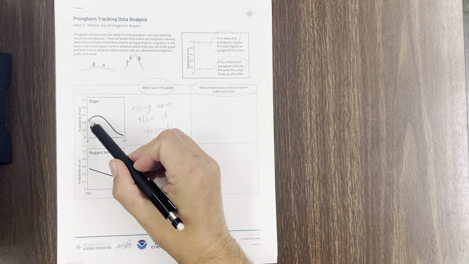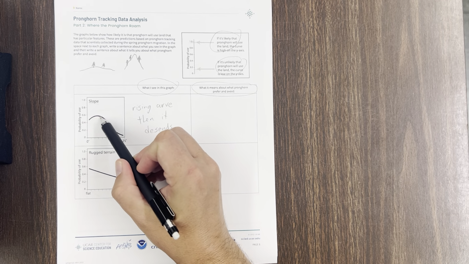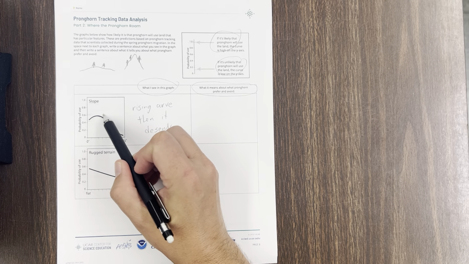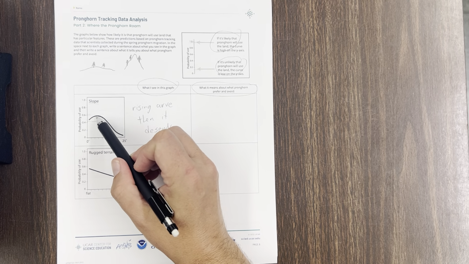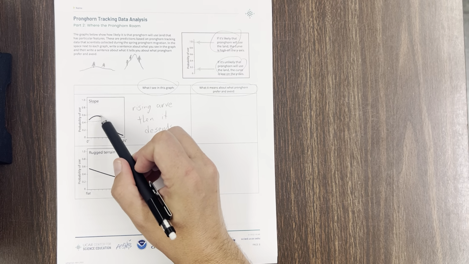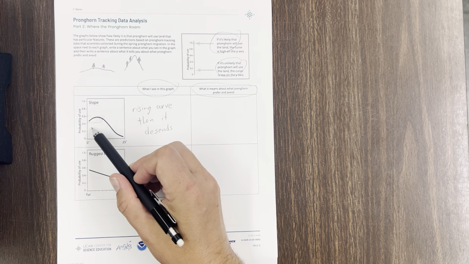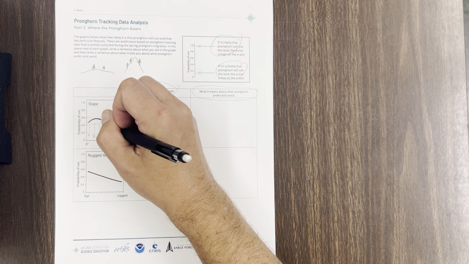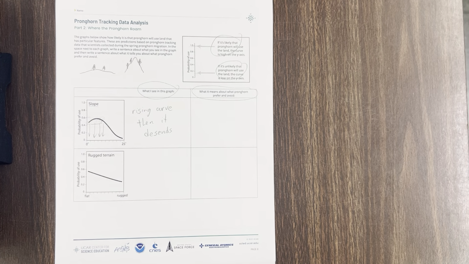And we see that there's a higher probability of finding them in this range right here, that means they like this area. And what that shows us is that the slope of the terrain is low.